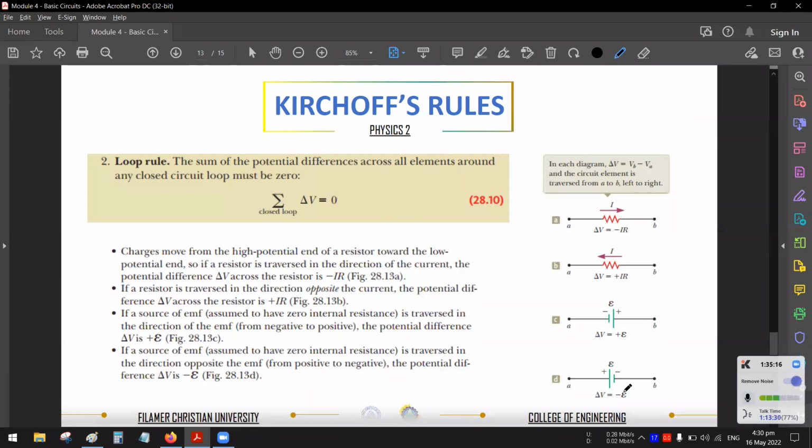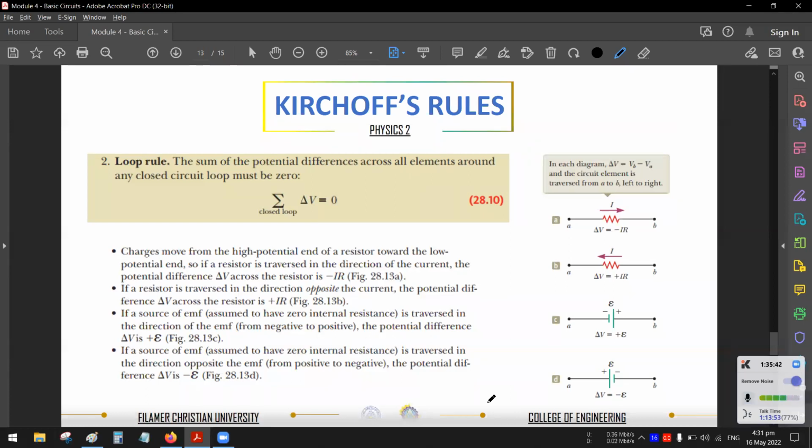So there are limits on the number of times you can usefully apply Kirchhoff's rules in analyzing a circuit. You cannot do it twice, kasi pag nag-loop ka ulit, maiiba yung computations mo.